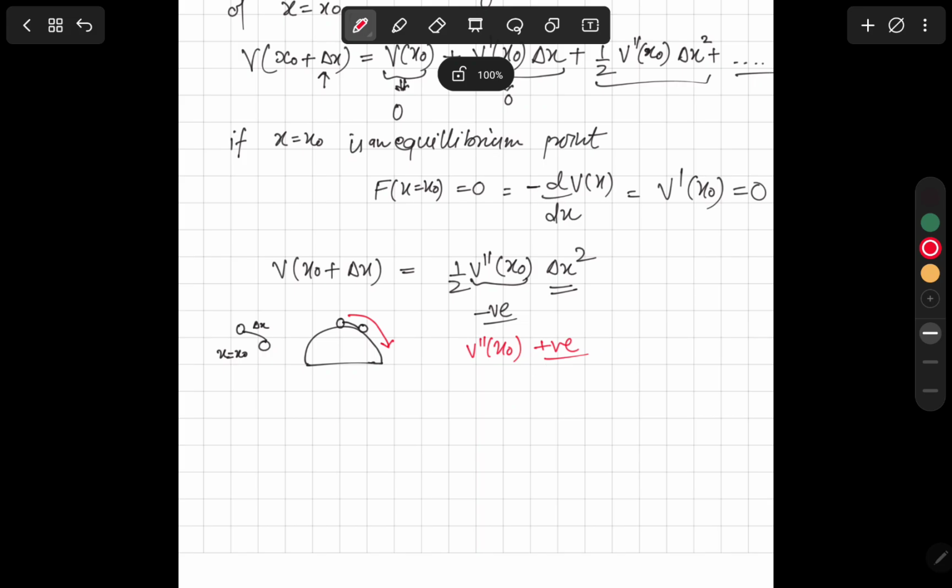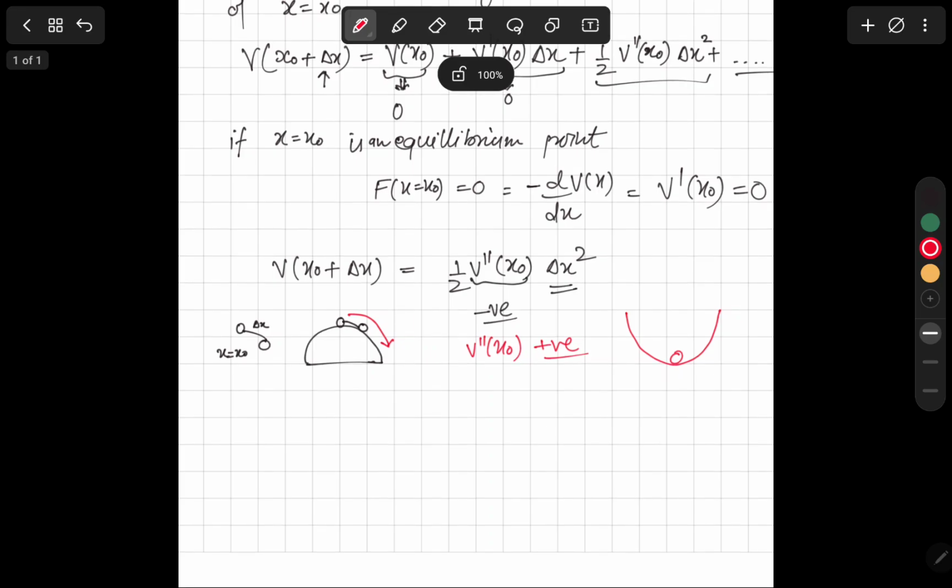So we can correlate v double dash of x naught being positive with this case. Let's say we have a bowl, at the bottom we have a marble, and if we displace it, when it goes there, now it will do some oscillatory motion about this point x equal to x naught.